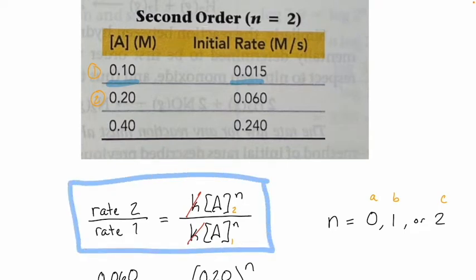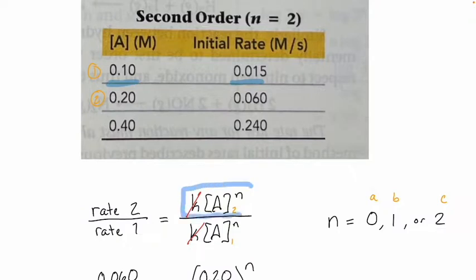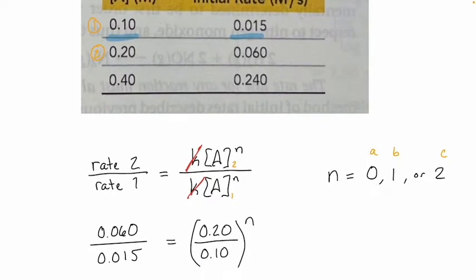We used that same expression that we just looked at, rate equals K times the concentration of A to the power of n. We took that for these two rates, so then we stacked them on top of each other. That allowed us to cancel out that rate constant K, because it's a constant. It's in both of them, so I get to cancel it.